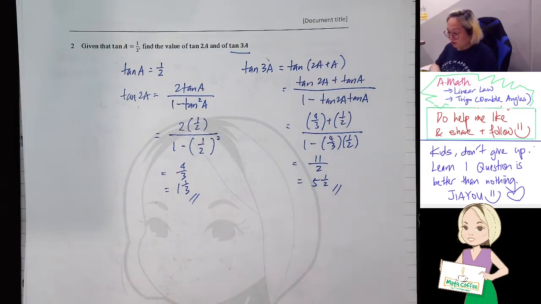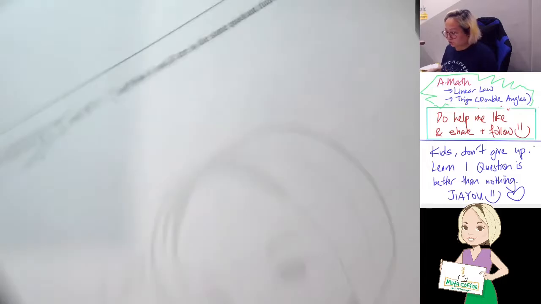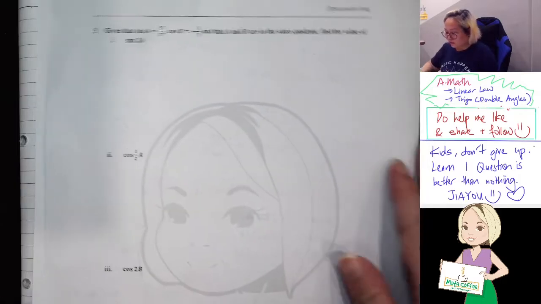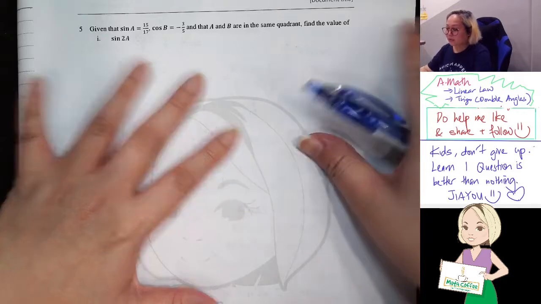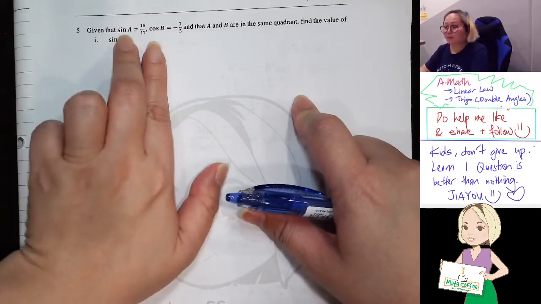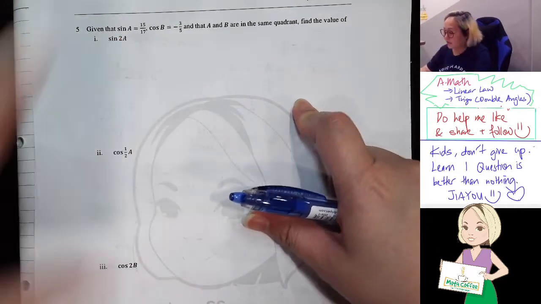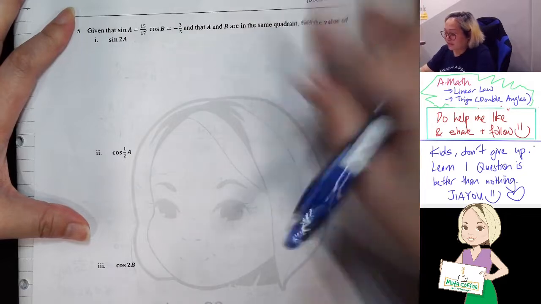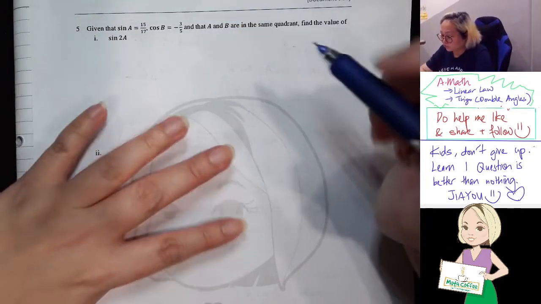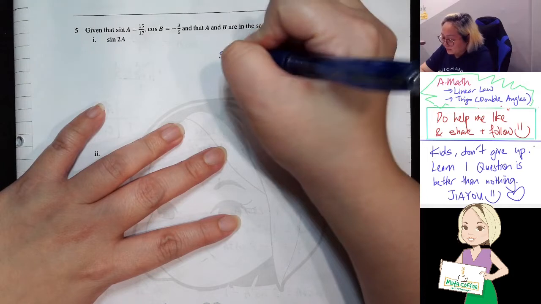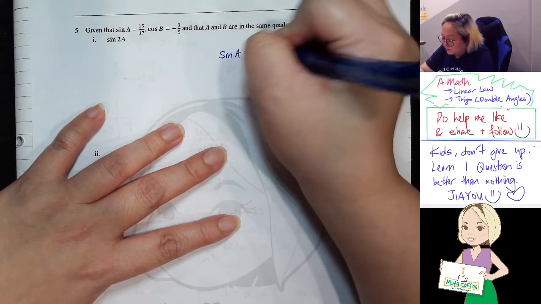Okay, so let's move on to the last question. I saw 2 okay only, but I will just go do it. So over here, this one is slightly different, there is A and B. So this is what I always do on the side, to finalize what quadrant we are referring to. So sine A given to me is 15 over 17.